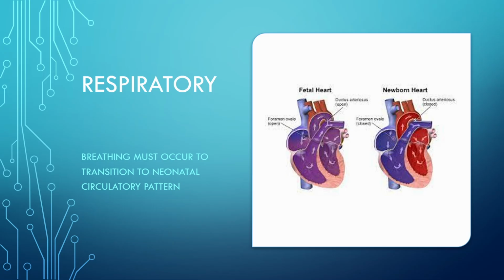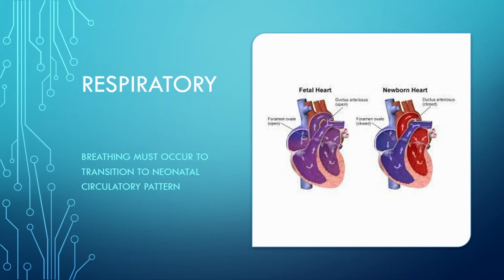The ductus arteriosus closes, and you'll see that that's up by the aorta, and then also the foramen ovale closes. The closing of those two occurs when baby takes its first breath. That breath changes the pressure within the vessels, and it helps close those two valves.